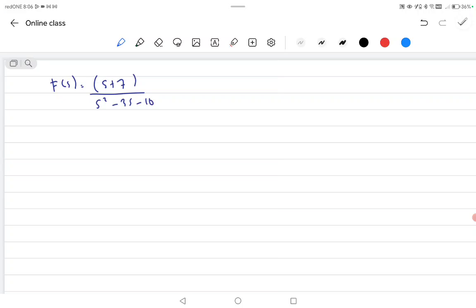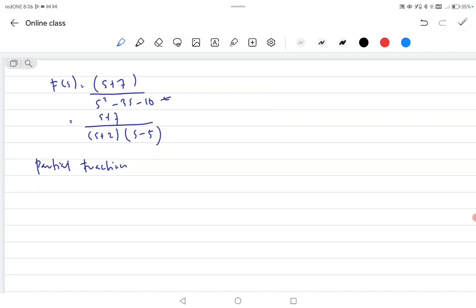Okay, so we can simplify this one to become (s + 7) over (s + 2)(s − 5). So we factorize this one, and then from here we can use what we call the partial fraction.